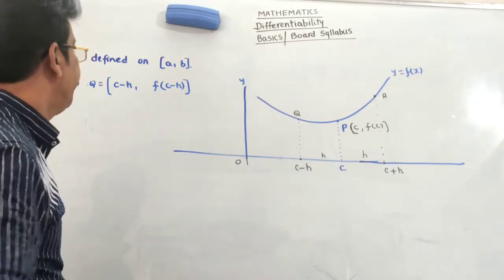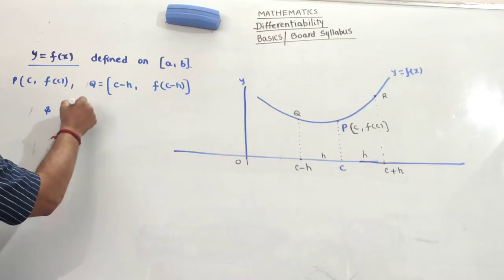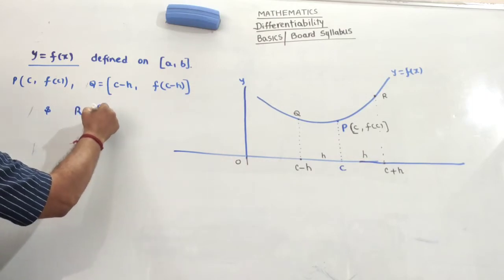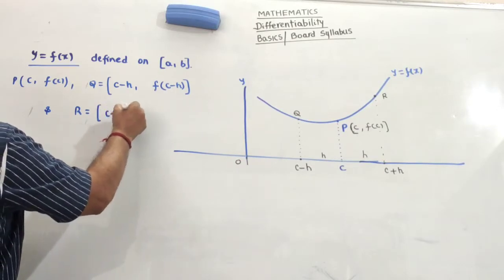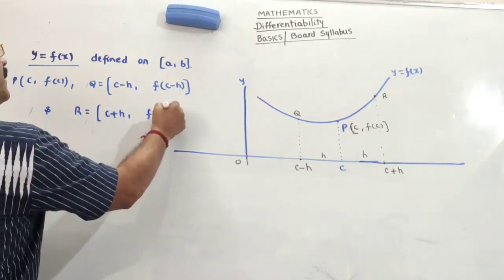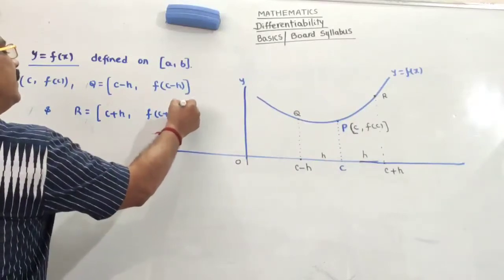And capital R is the point c plus h comma f of c plus h.